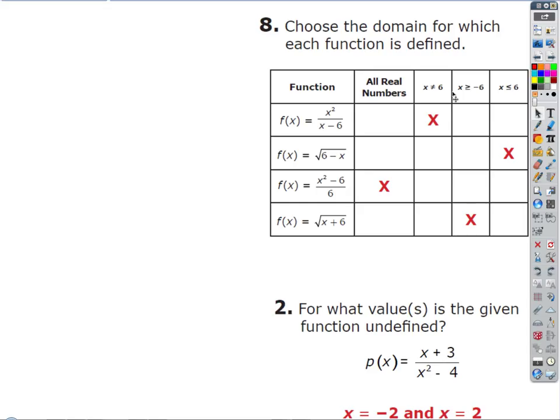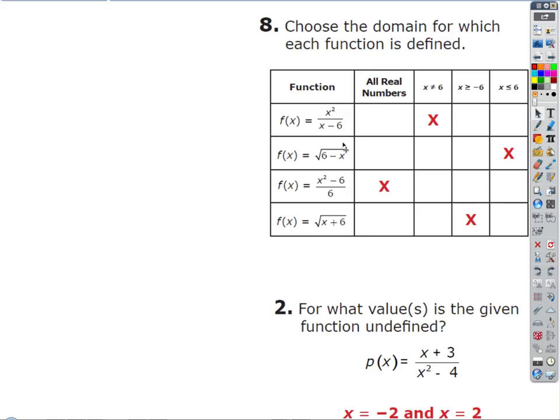So let's look at each of these functions and see if there are any places where the domain has to be restricted because we can't do that stuff. How about this first one? You just have to look at it and ask, are there any square roots? There's no square roots, so we don't have to worry about taking a square root of a negative.